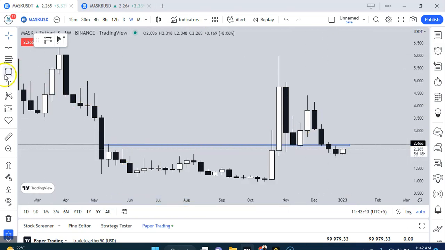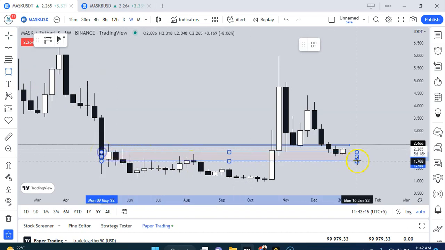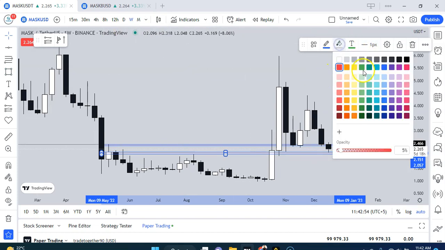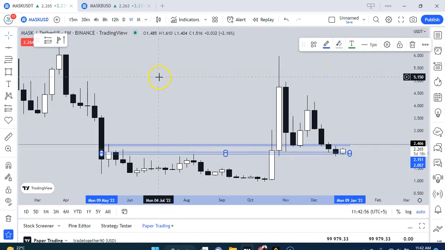All right, and then I'm going to mark the support. Here the support of this pair has been marked. Let's give it a green color.